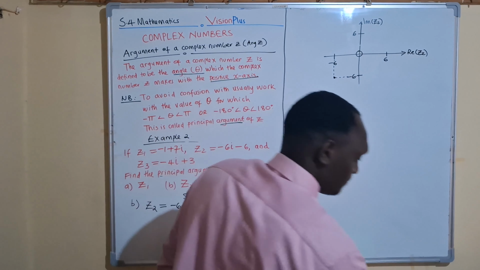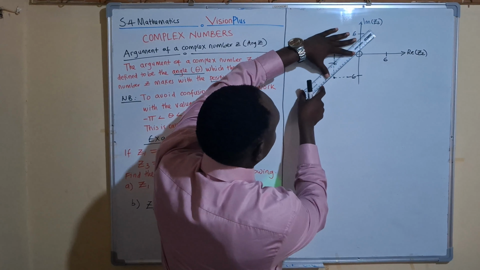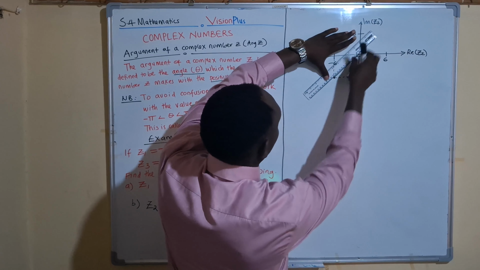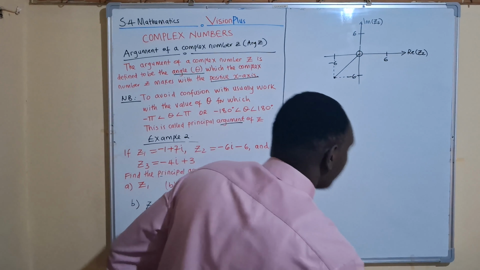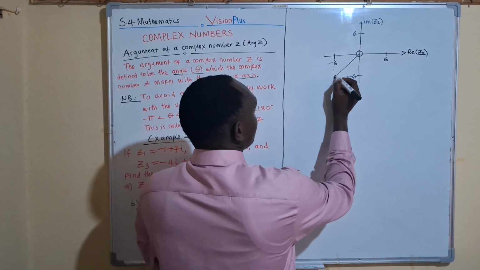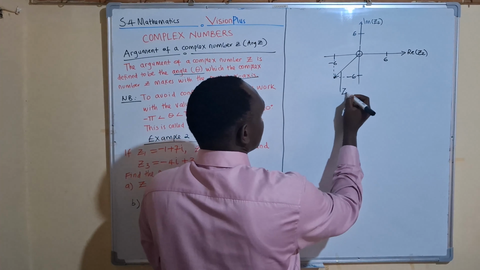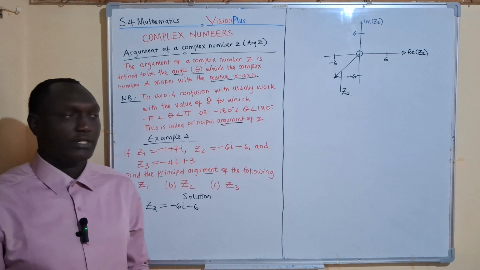Get a ruler and join that point to the origin. It will look like that. Then put an arrow on top and mark it as Z2. We have illustrated it on the Argand diagram.